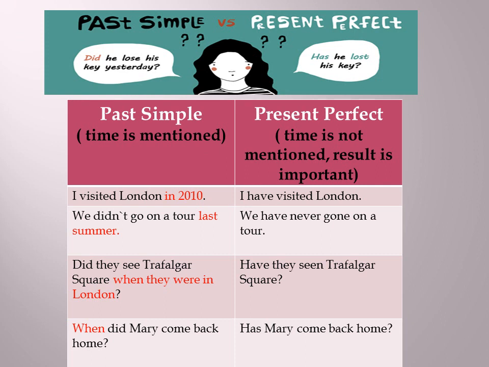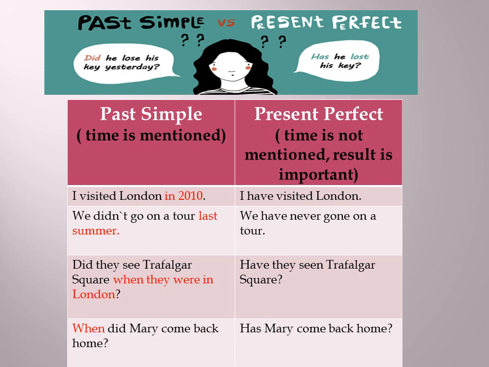Next example. We didn't go on a tour last summer. In this sentence, time is mentioned, last summer. This is the past simple. We have never gone on a tour. In this sentence, time is not mentioned. Here we are talking about someone's life experience. Next.